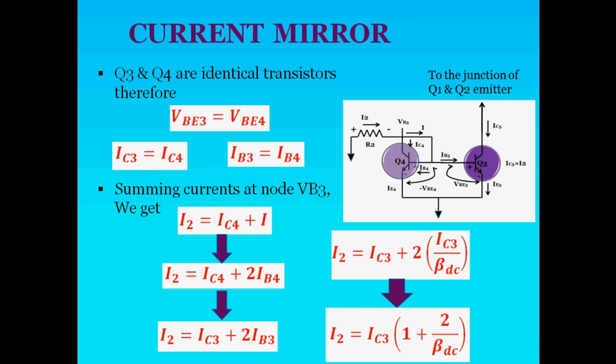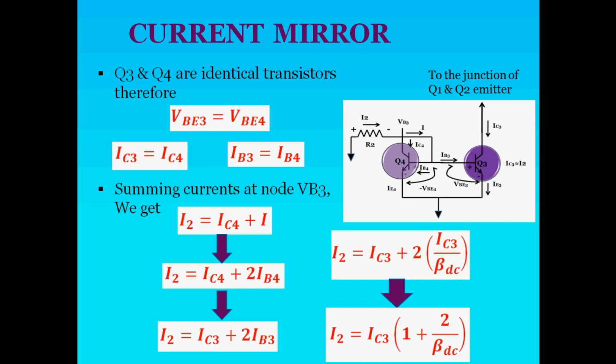See, Q3 and Q4 are identical transistors, so VBE3 is equal to VBE4, collector current IC3 is equal to IC4, and base current IB3 is equal to IB4. Summing currents at the node VB3, I2 is the incoming current, so we can define I2 as I plus IC4.